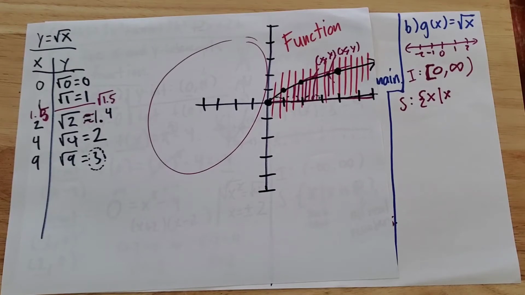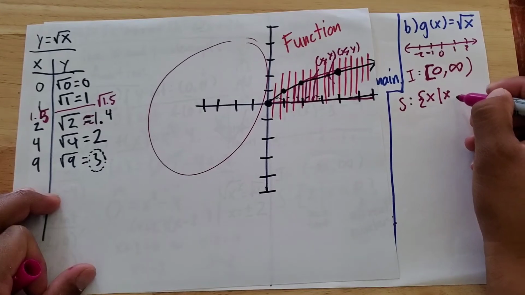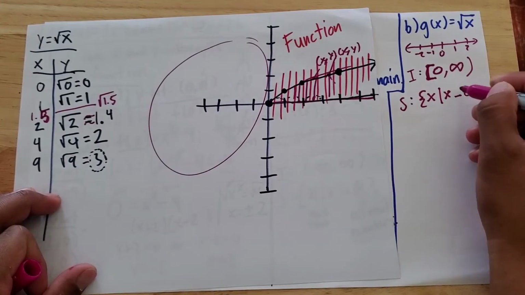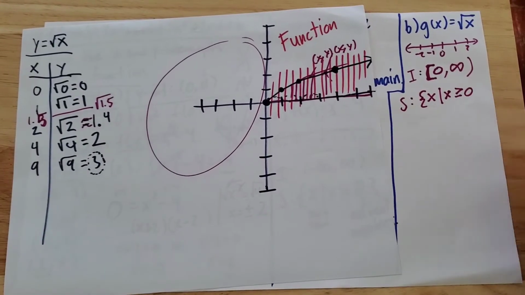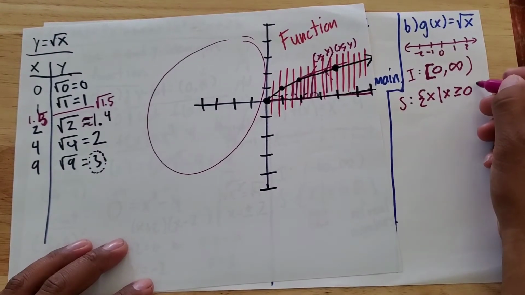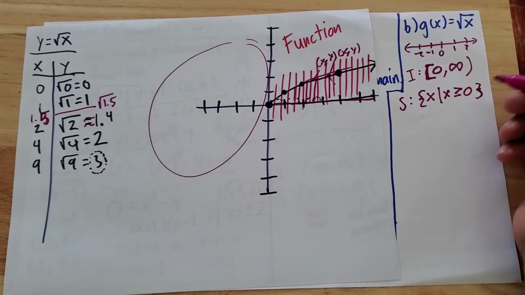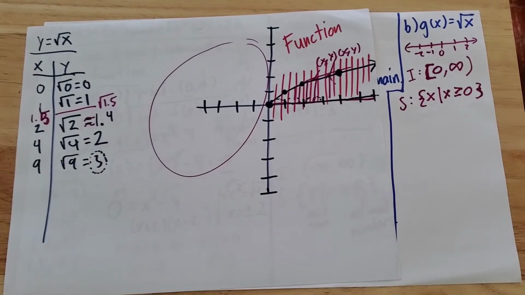Instead of using all those words, do we have a mathematical symbol that tells us we can do this? And hopefully you remember that we can say x can be equal to 0, or it can also be greater than 0, meaning bigger than 0, and it could be equal to 0. X can be any number that's greater than or equal to 0.